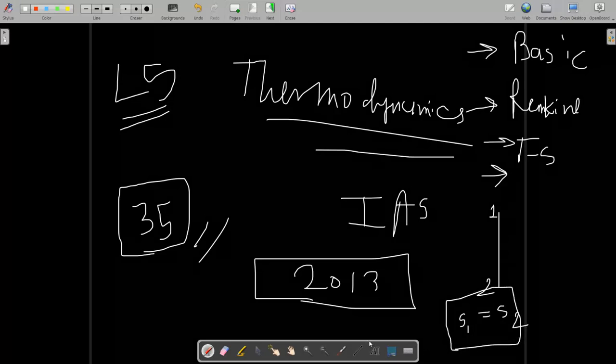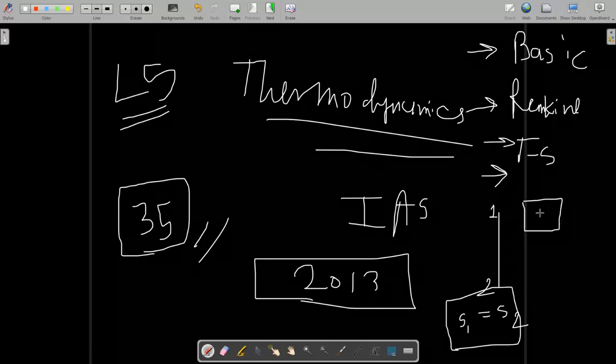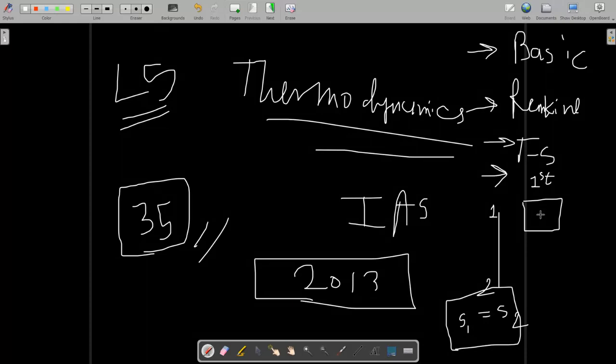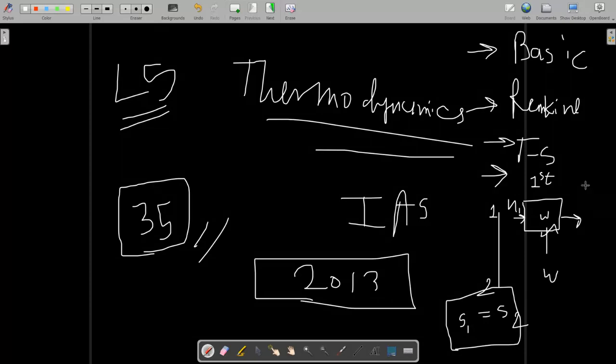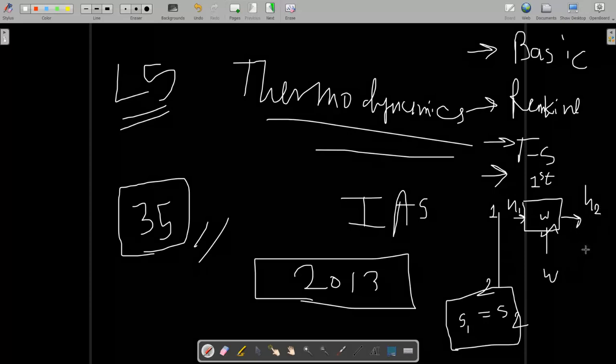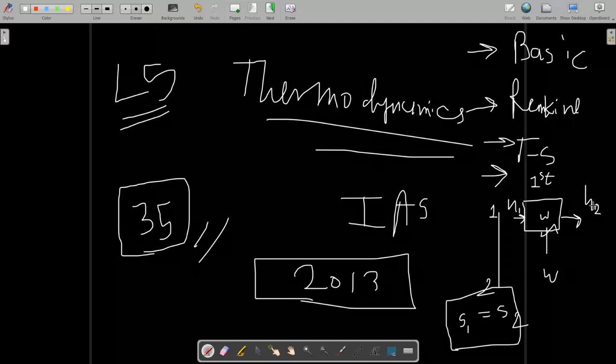Another last assumption is that you know the first law of thermodynamics and its application: for any open system, if some enthalpy is entering and some work is given, and at the outlet some enthalpy leaves, how to write the equation for the first law of thermodynamics. And how to use the steam table. I hope you know this very well.